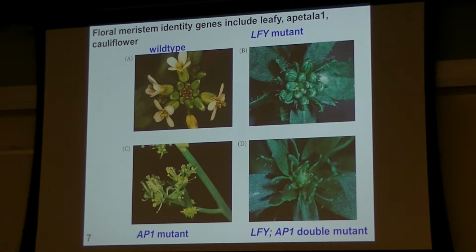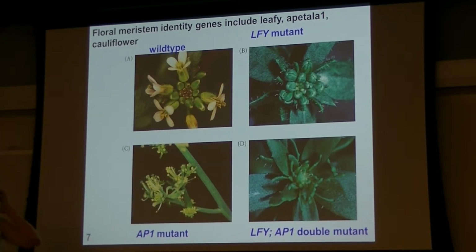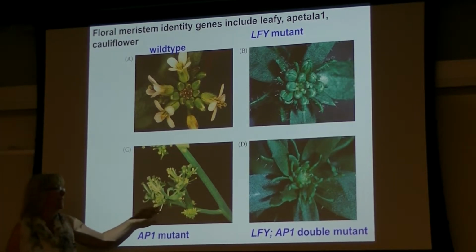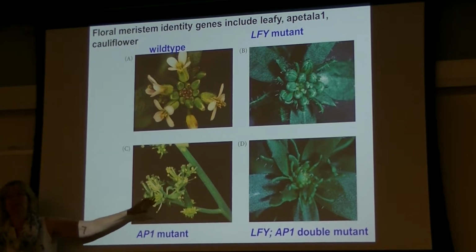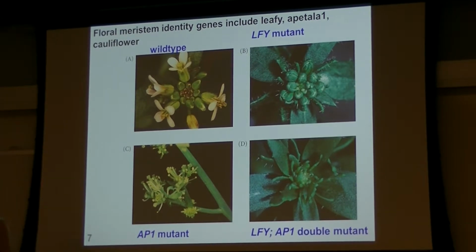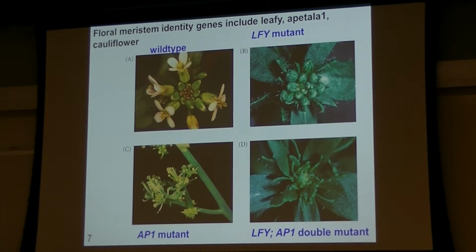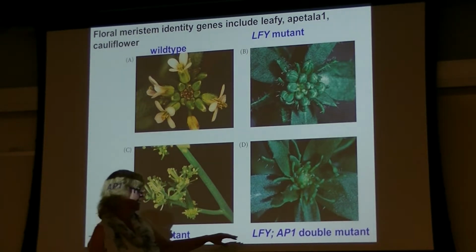Here's another example with the Aq1 mutant, and again, they can make something that sort of looks like flowers, but it also looks a little bit more like stems and shoots. So they've been compromised in the ability of that meristem to convert to a flower-making machine. And then it's also kind of interesting to see the double mutant here.